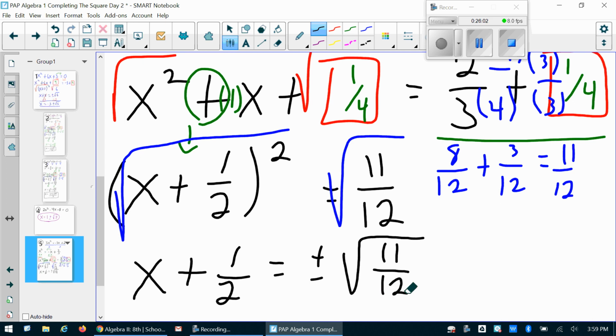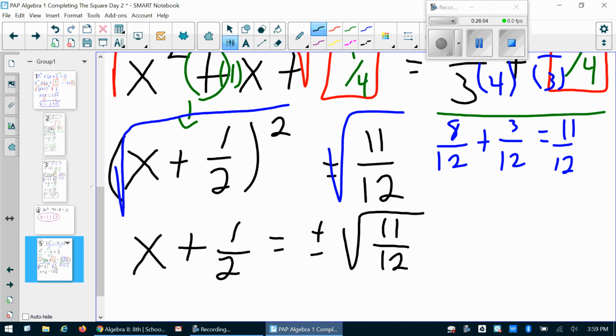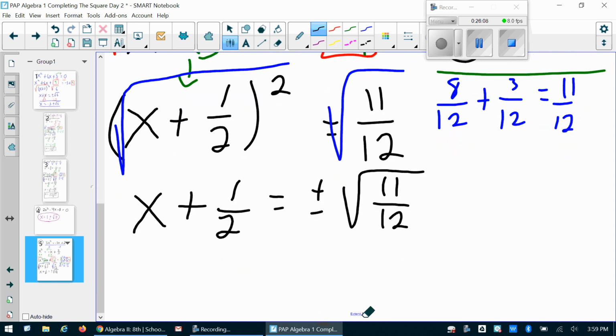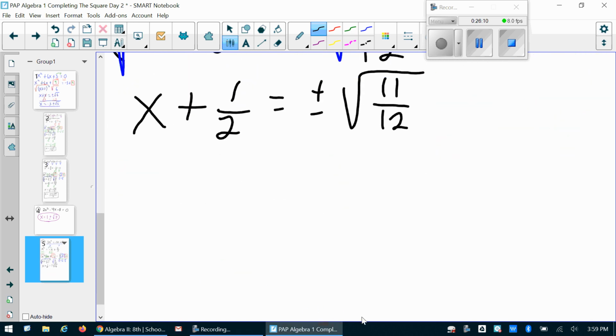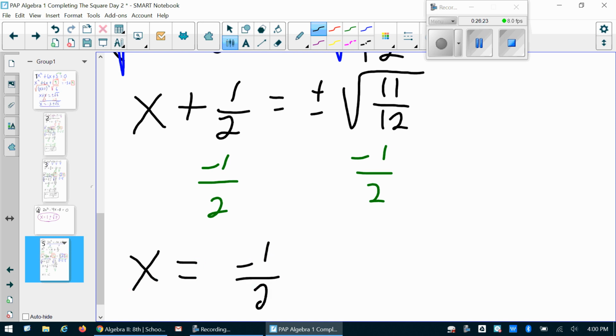That is fine. Subtract 1/2 from both sides. And I get x equals negative 1/2 plus or minus root 11 over 12.